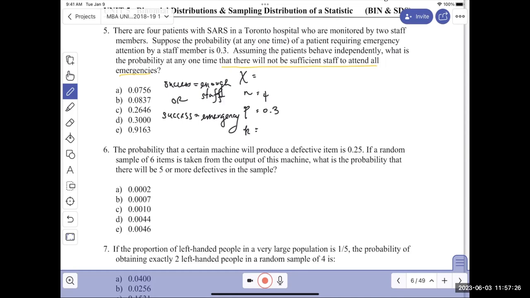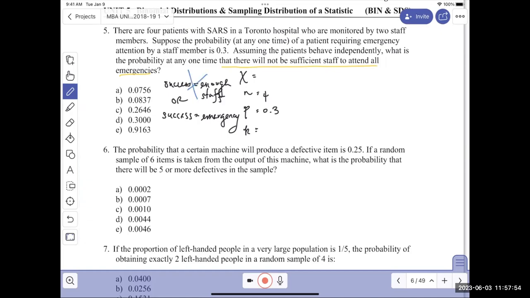So again, what is a success? How do we define a success? As an emergency? Aha. So this is a success. The other thing is not a success.